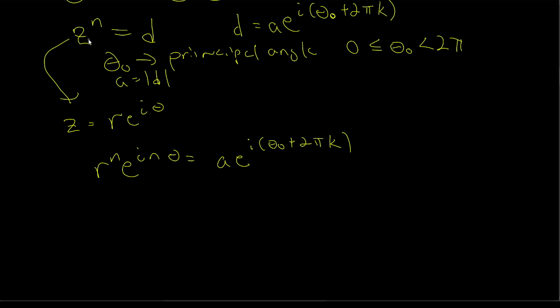So I've taken the variable I wanted and put it in polar form, and I've taken the number that it was equal to and also put it into polar form.